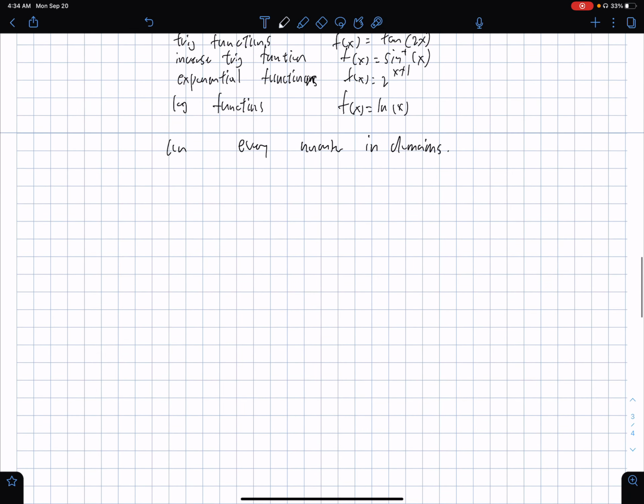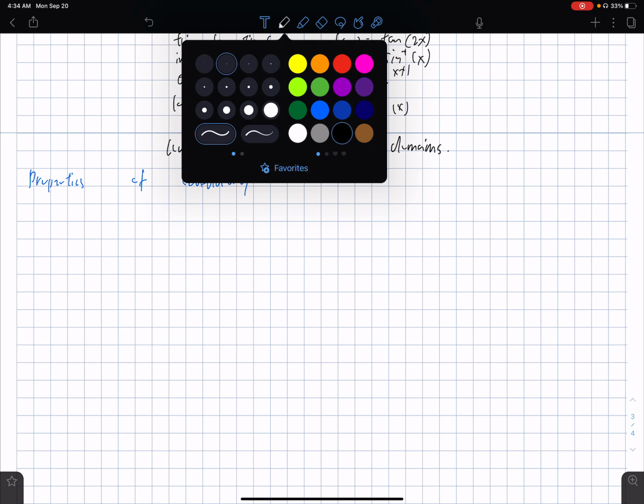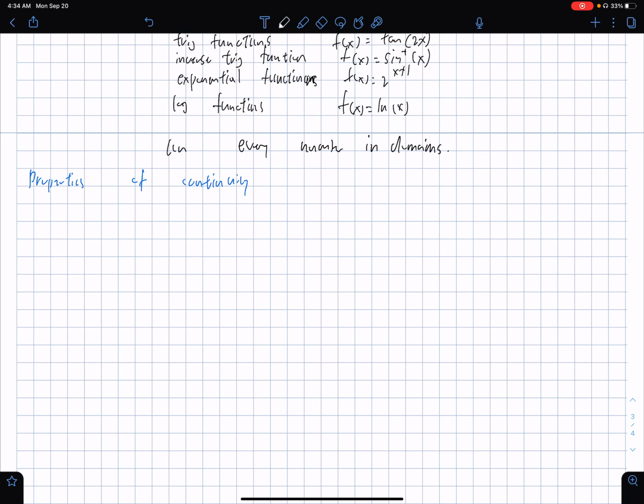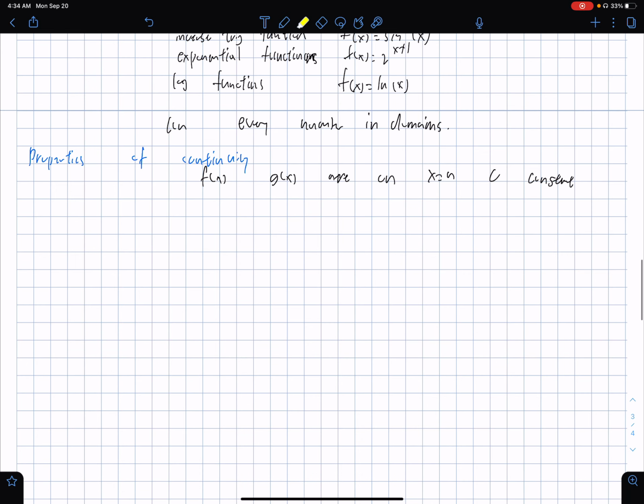And then moving on, we can talk about some of the properties of continuity. So provided that both functions f(x) and g(x) are continuous at x equals a, and c is a constant, the following four functions are continuous.